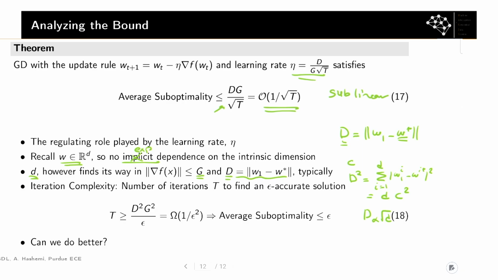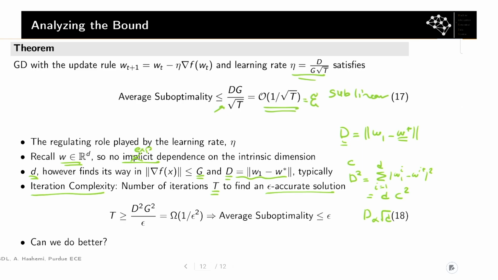All right. So it is also sometimes useful to describe the bound that we find through the lens of iteration complexity. This basically means: what should be the total number of iterations to find an epsilon-accurate solution? Essentially, you set this side to be equal to epsilon and do some rearranging to find the minimum number of iterations that you need to run your gradient descent algorithm such that the average suboptimality is at most epsilon.